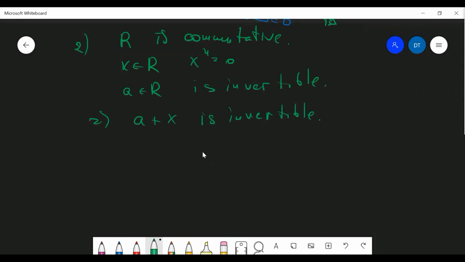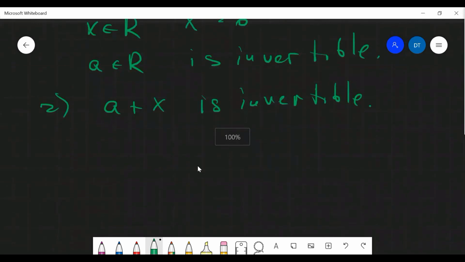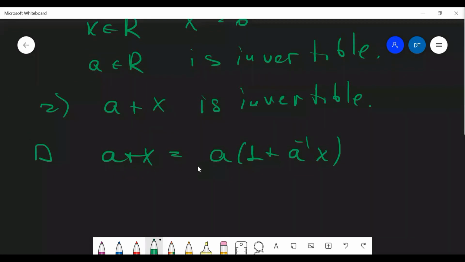Okay, let me tell you. Here is a trick you can apply. You may take a out like this. Now you have a product of two elements.